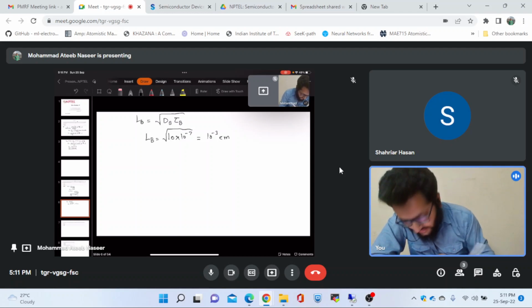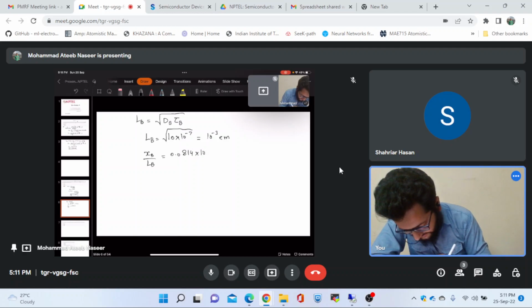Now since we require this XB by LB to be equal to 0.0814, XB is 0.0814 into 10 raised to the power minus 3 centimeter. Yes, this LB is 10 raised to the power minus 3 centimeter.